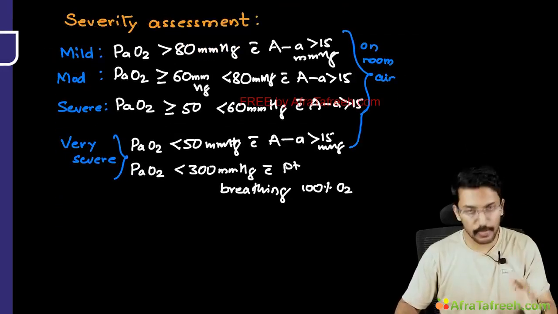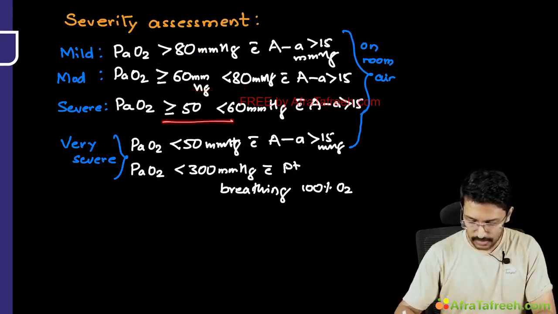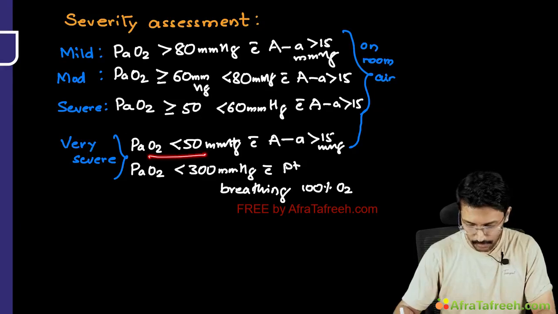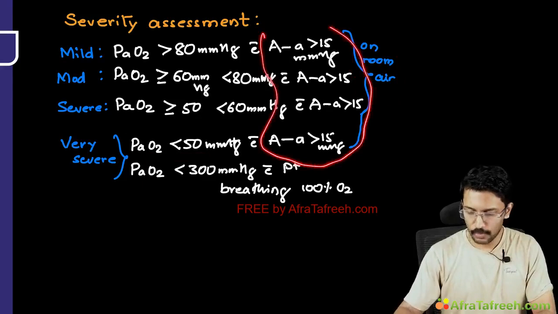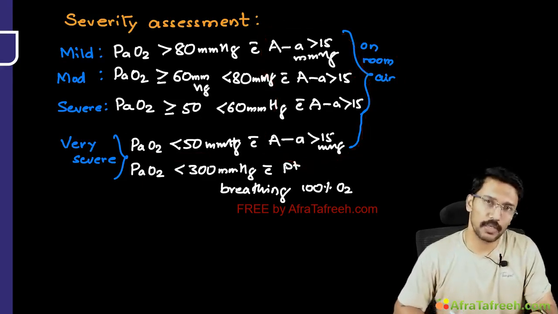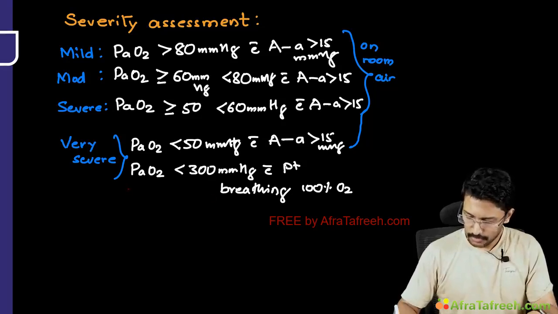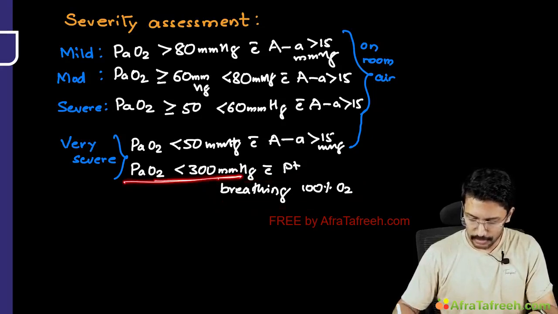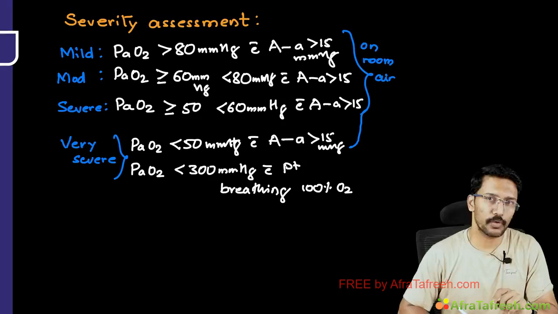Severity classification is based on the PaO2. PaO2 more than 80 mild, 60 to 80 moderate, 50 to 60 severe, and less than 50 very severe when the patient is breathing room air and the alveolar arterial oxygen gradient is more than 15 millimeters of mercury, right? But also when the patient is on 100% FiO2, if the PaO2 is less than 300 millimeters of mercury, that patient will also qualify as very severe hepatopulmonary syndrome.